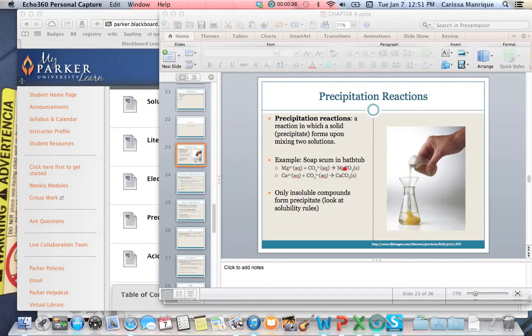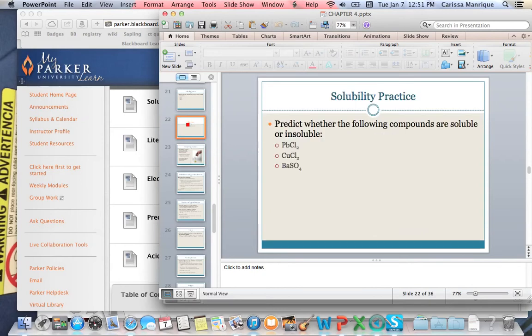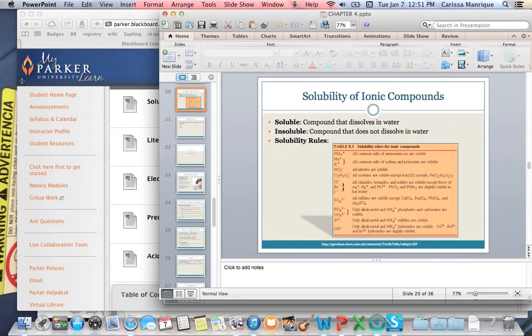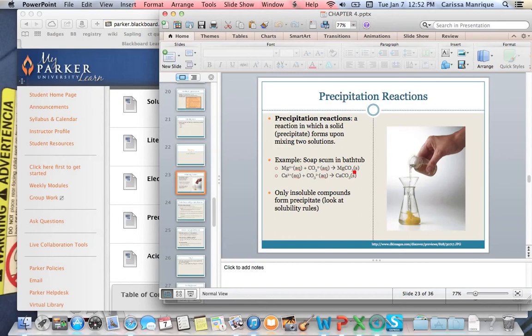So let's look at this. MgCO3, how do I know that's going to stay as a solid? Well, I go back to my precipitation rules here. MgCO3, here's CO3. It says all alkali metals and NH4 phosphates are soluble. Well, this is not an alkali metal, it's an alkali earth metal, Mg, because I'm forming MgCO3, so that will be insoluble.